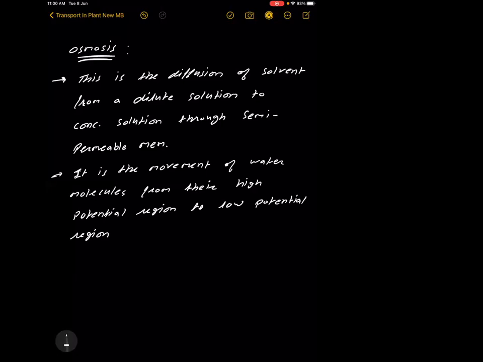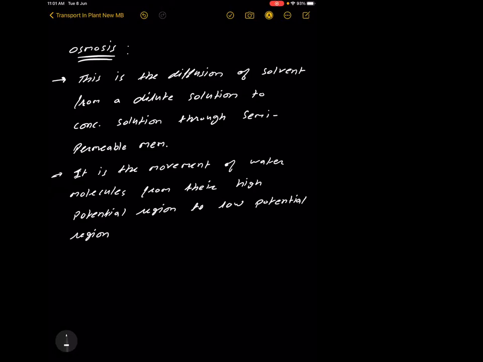Suppose, for example, in a sugar solution only 1 teaspoon sugar is added. That is a dilute solution. Now if you are adding 2-3 tablespoons of sugar, you are adding more solute molecules, so it becomes more concentrated than the first.